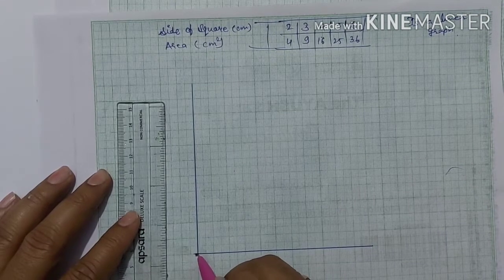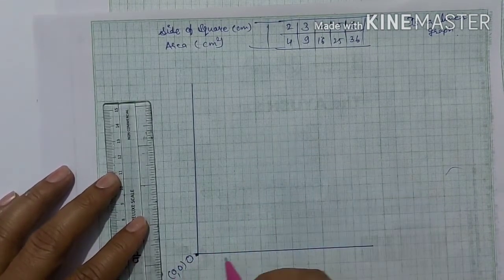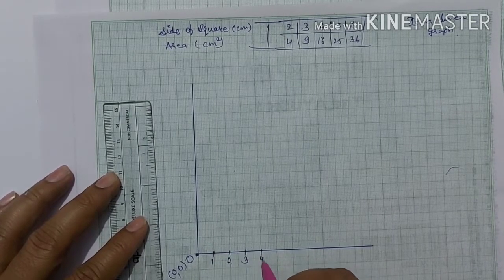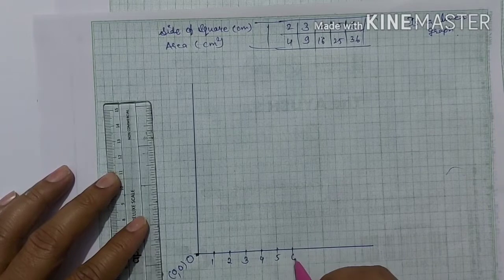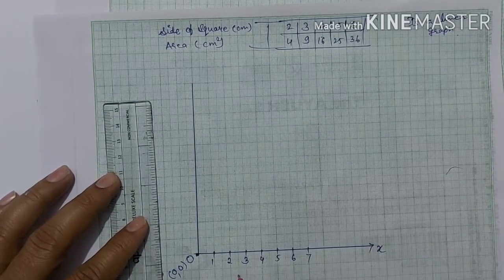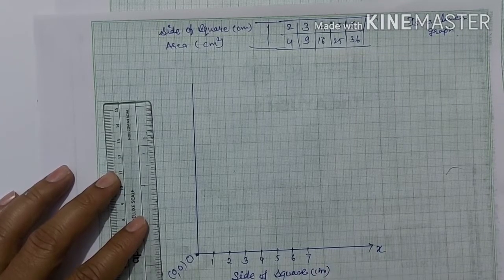The point is O, where the reading is 0, 0, and here 1, 2, 3, 4, 5, 6, 7. This is the x-axis. It is the side of the square in centimeters.